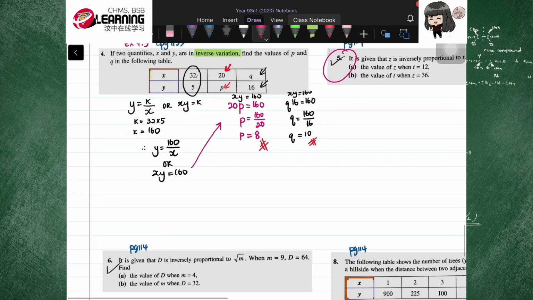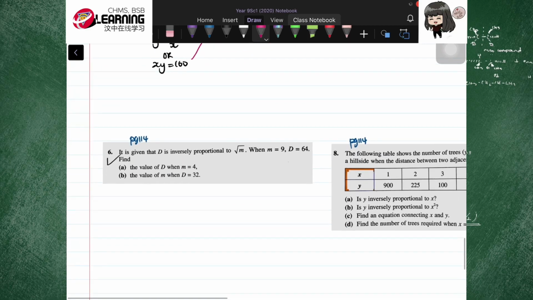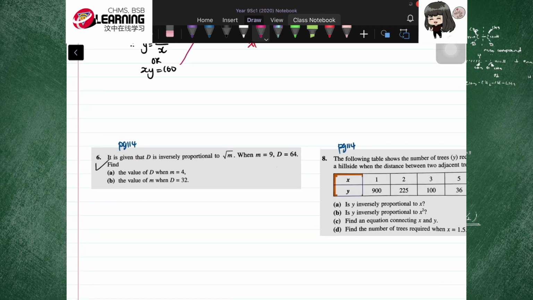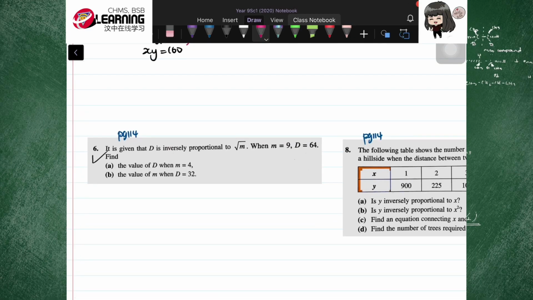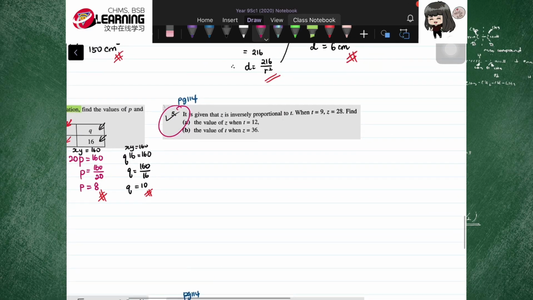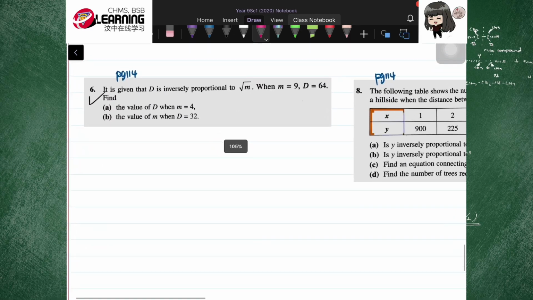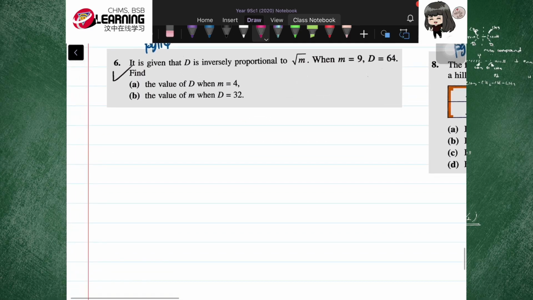Now we do number 6. Question number 6, page 114. If you listen to the explanation on question number 6, then you can do number 5. Question number 6 is similar to question number 5.